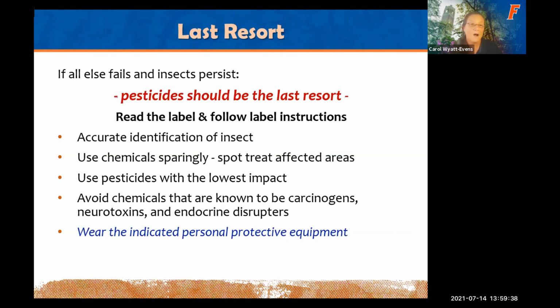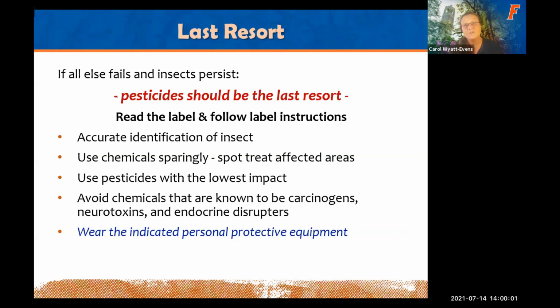You can tell how caustic your chemical is by the signal word on it. If it has a signal word of caution or no signal word, those are the best ones to use. And then always use your PPE when you're spraying anything. I see that a lot, people think, oh, it's just horticultural soaps or hort oils or insecticidal soaps.